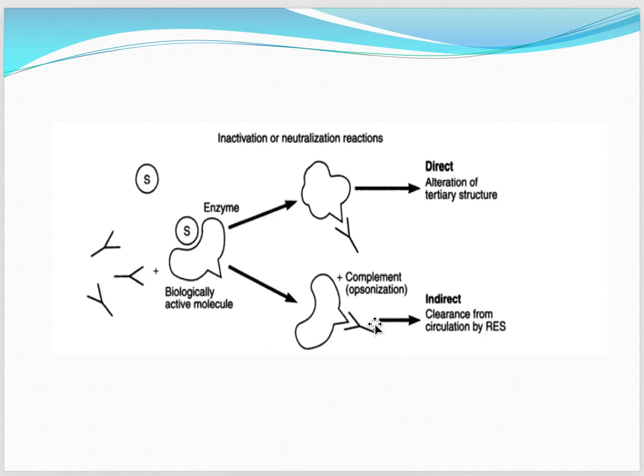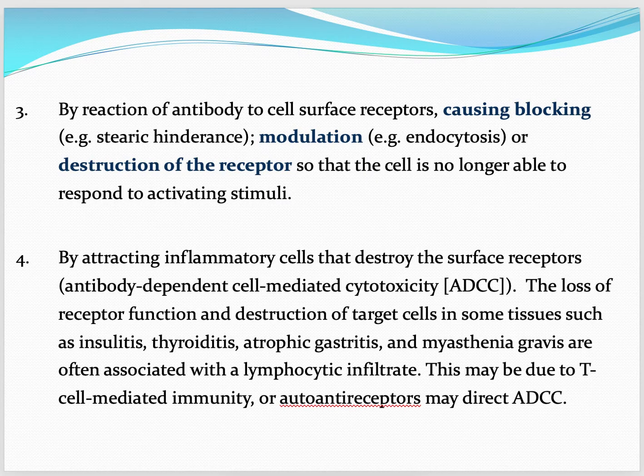Third mechanism, by reaction of antibody to cell surface receptors. This reaction can cause blocking, that means steric hindrance, or modulation, that means endocytosis or destruction of the receptor, so that the cell is no longer able to respond to activating stimuli.